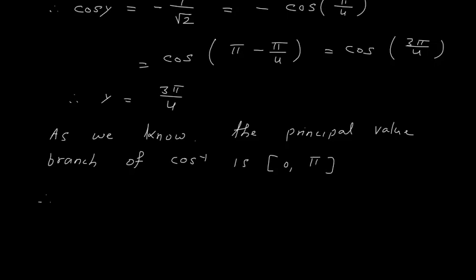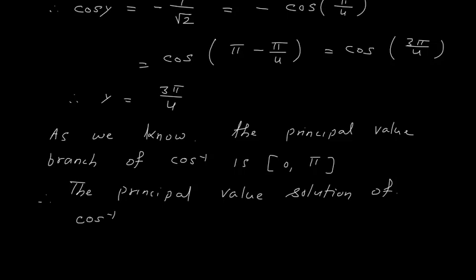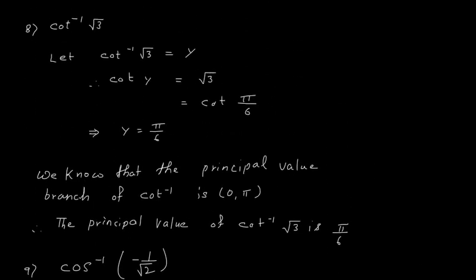Therefore, the principal value solution of cos inverse minus 1 upon root 2 is 3 pi by 4. This is ninth question.